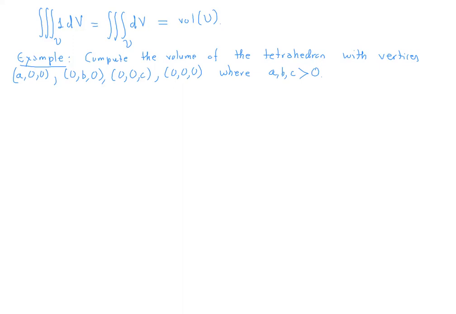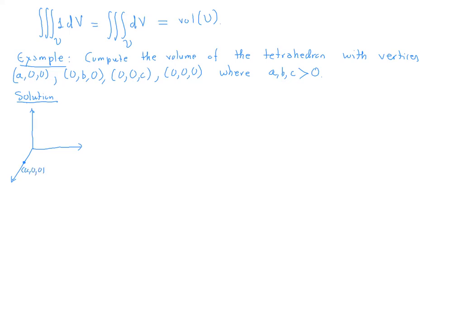So let's draw it first. Okay, so let's draw this tetrahedron. Note that what I'm doing here can be done with methods from Calc 2, but this should be kind of interesting.